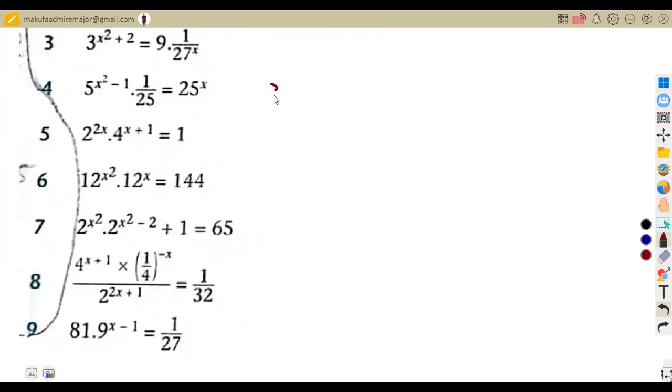Number 3. 3 to the exponent of x squared plus 2 is equal to 9 times 1 over 27 to the exponent of x.